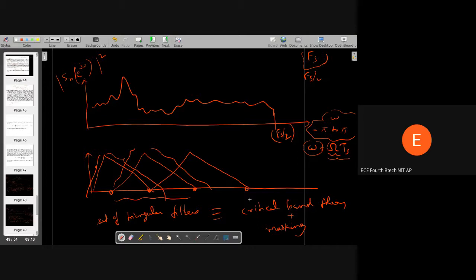So let's take any one of these filters, where this height is 1. Remember, this is 1.